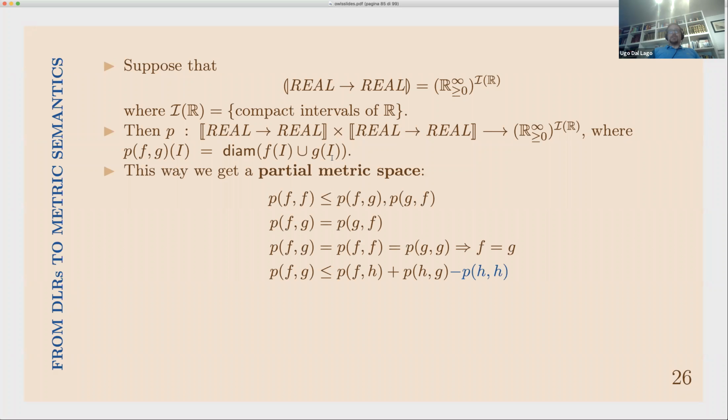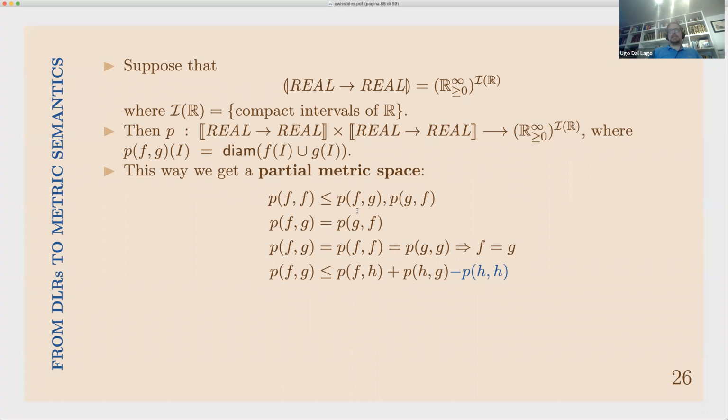And this way you get not a metric space, because reflexivity does not hold, but you get something called a partial metric space. So it's not true that the distance between f and itself is 0. On the other hand, you get symmetry.